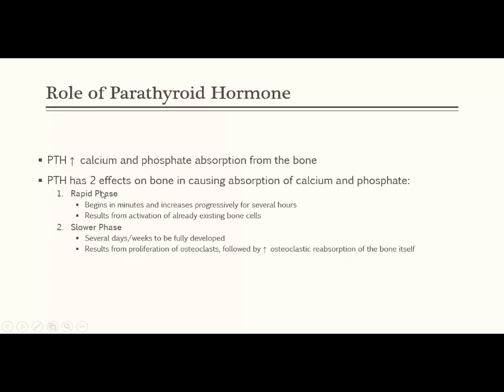The rapid phase happens very quickly, within minutes, and increases over hours and activates bone cells that already exist. The slower phase takes days to weeks and results from osteoclasts proliferating. So more of these bone breakdown cells are produced, causing more reabsorption of bone by the osteoclast.